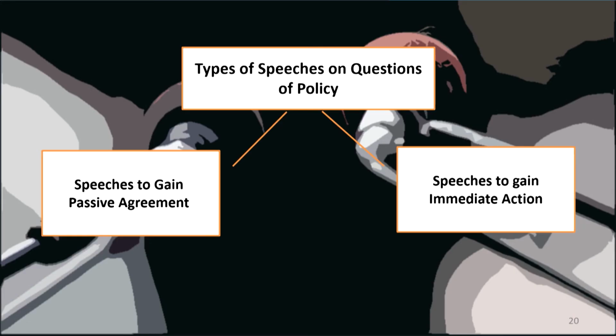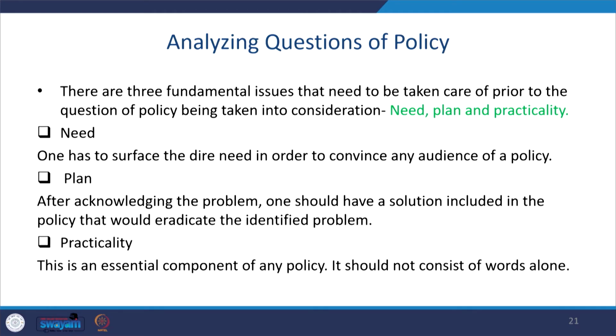Now there can be another category of speeches, for example speeches on questions of policy. When there is a speech on questions of policy, what should be kept in consideration? How my speech can gain passive agreement and how it can help me gain immediate attention.